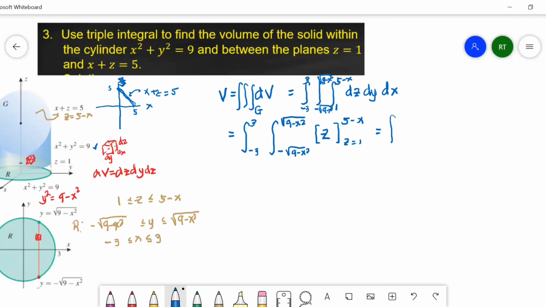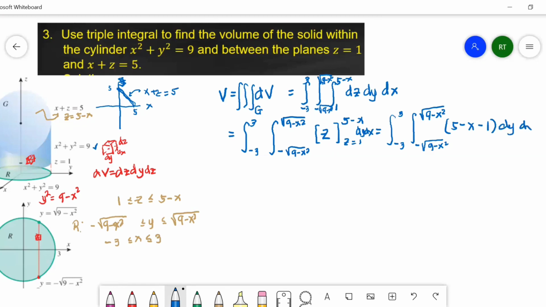Hence, this is equal to the integral from minus 3 to 3, limit of integration in x, then in y, negative square root of 9 minus x squared to positive square root of 9 minus x squared, dy dx. When z is equal to the upper limit, we have 5 minus x, minus the lower limit z is equal to 1, so minus 1.